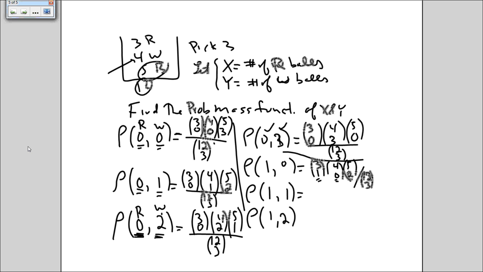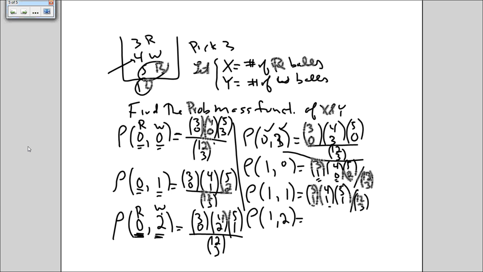This one's going to be, well, from the 3 reds, we pick 1. From the 4 whites, we also pick 1. And then from the 5 blues, 1 plus 1 is 2. We pick 1 more. And this gets divided by 12, choose 3.